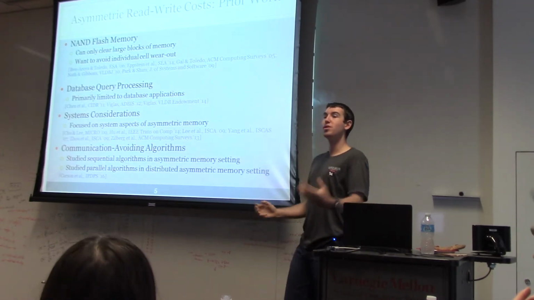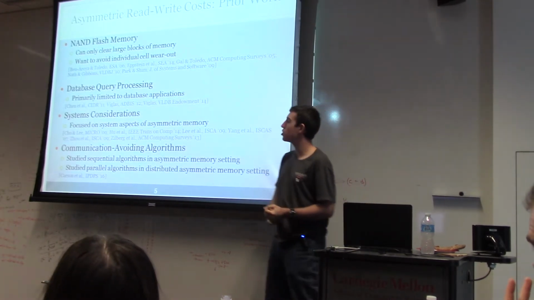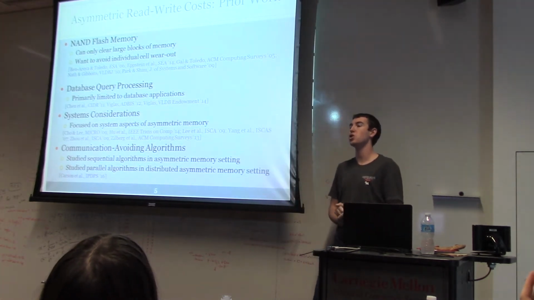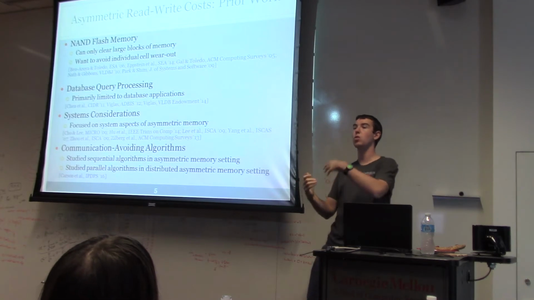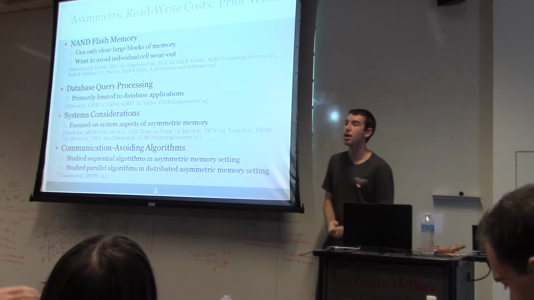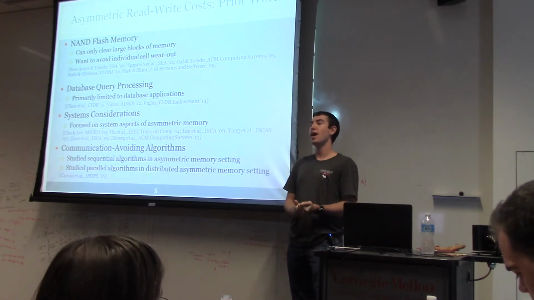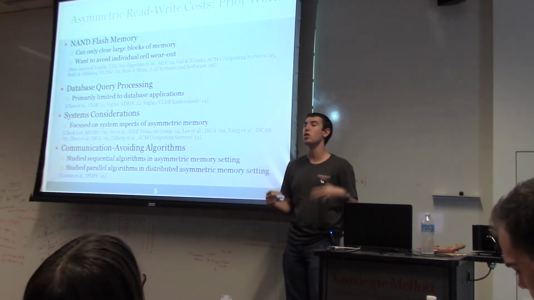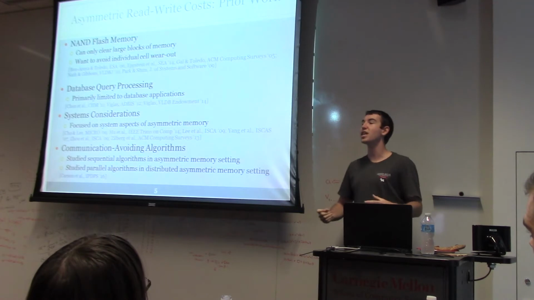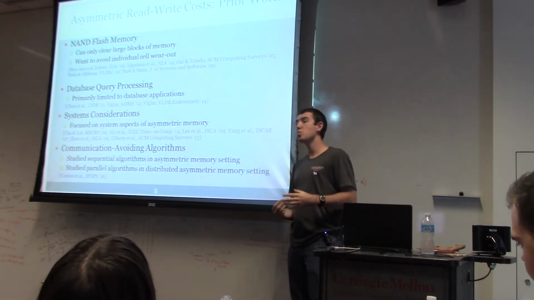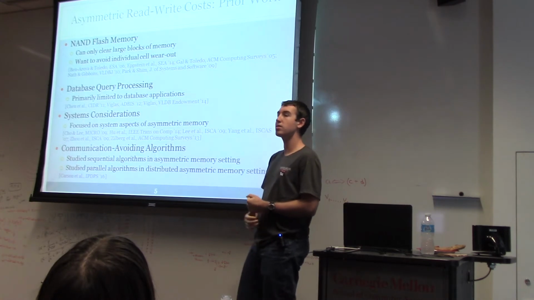There's been some other work in this area. A lot of people work on NAND flash and algorithms for it, or ways to efficiently schedule where you write data on NAND flash. But there are differences there, because with NAND flash, it's not byte addressable to make changes. You have to clear an entire block at once. There's also been some work in database query processing.